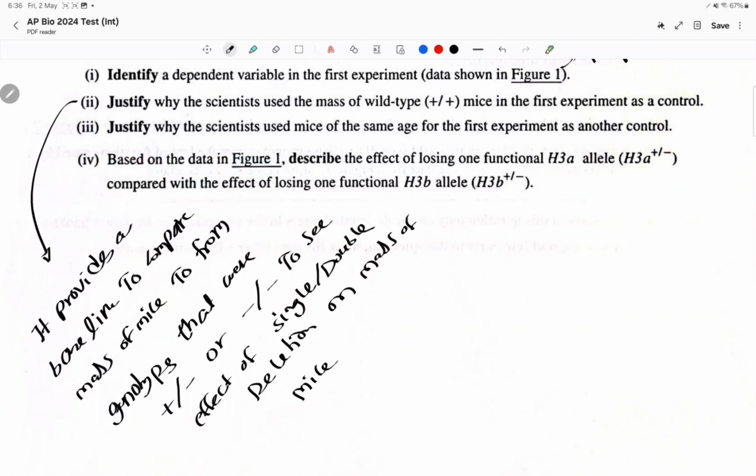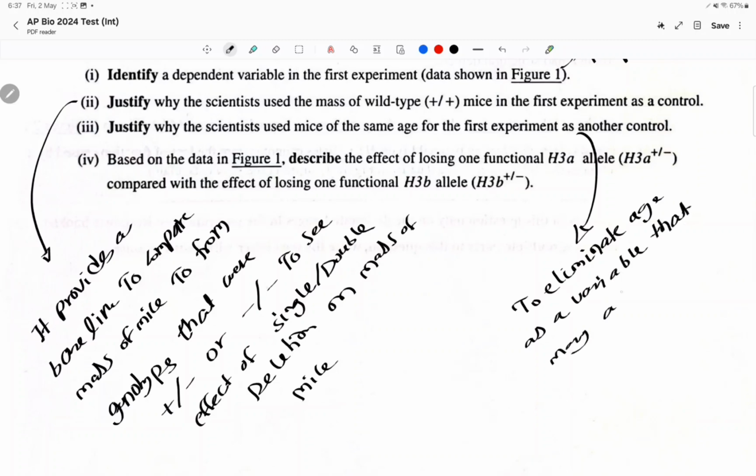Okay, B, III. Justify why the scientists used mice of the same age for the first experiment as another control. Well, if you use mice of the same age, this allows you to eliminate age as a possible variable that might interfere with the interpretation of the results, right? So to eliminate age as a variable that may affect the interpretation of the results.